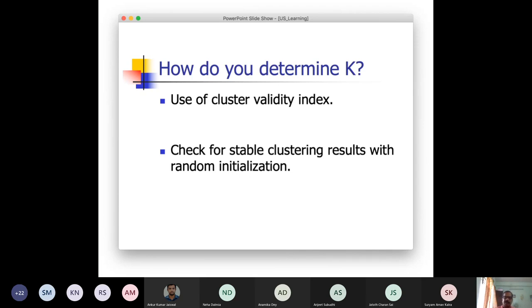Usually there are different ways this number could be obtained. In a practical scenario, sometimes from the domain knowledge itself, these numbers are derived.